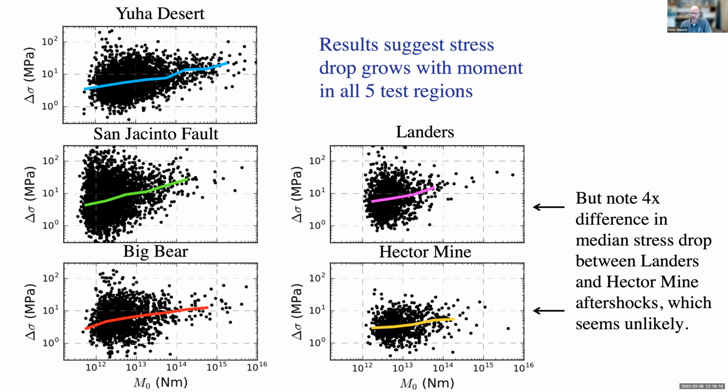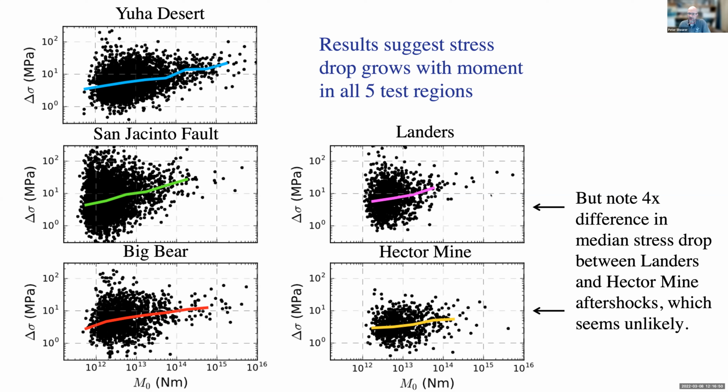But one of the things that disturbed us a little bit is if you compare the results for Landers and Hector Mine, these are not results for the main shocks. These were large earthquakes out in the Mojave Desert, magnitude 7 earthquakes, and these are the aftershocks of those earthquakes.